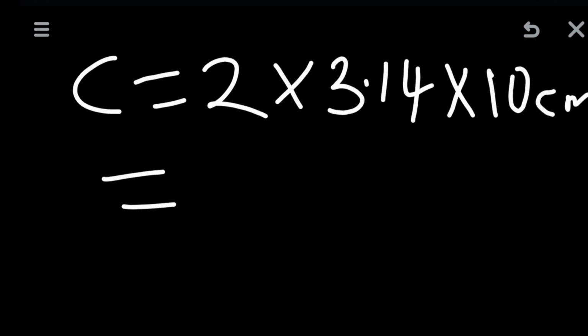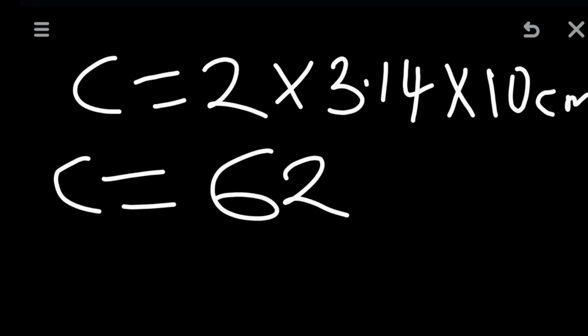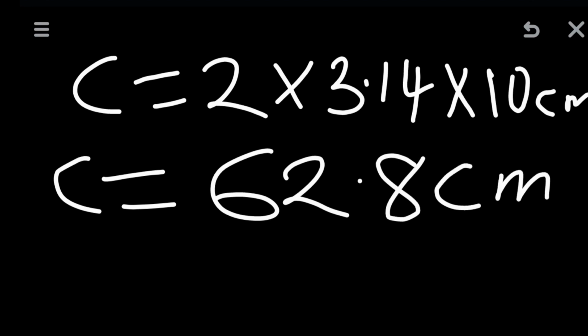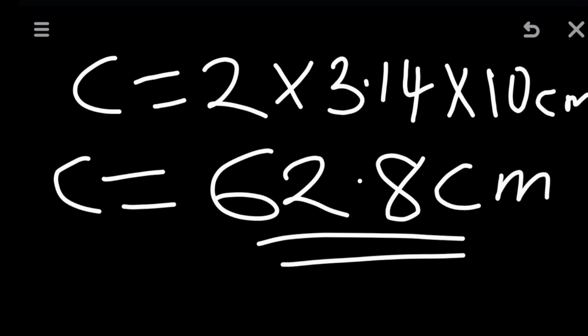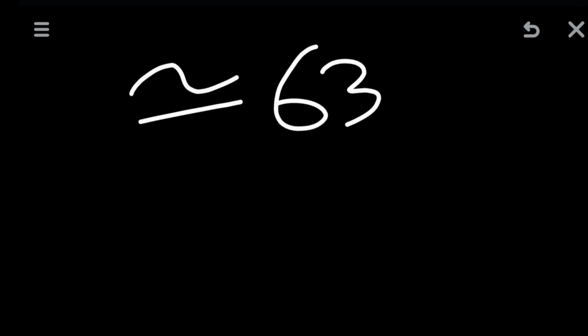So this then gives us our final answer to be circumference equals 62.8 centimeters as our final answer. We can also approximate this to be 63 centimeters to a whole number.